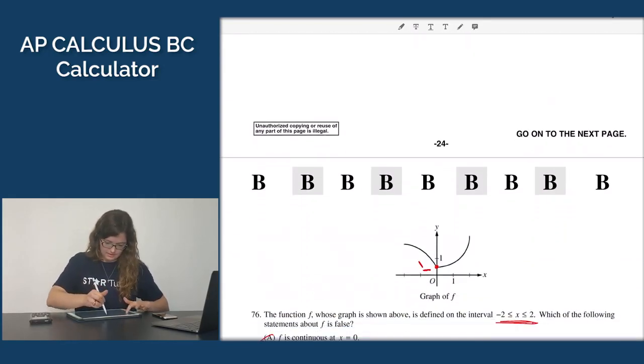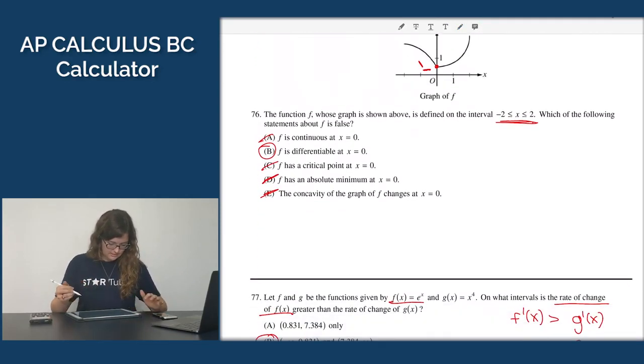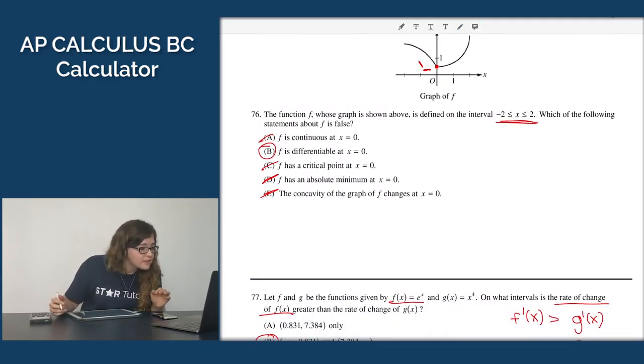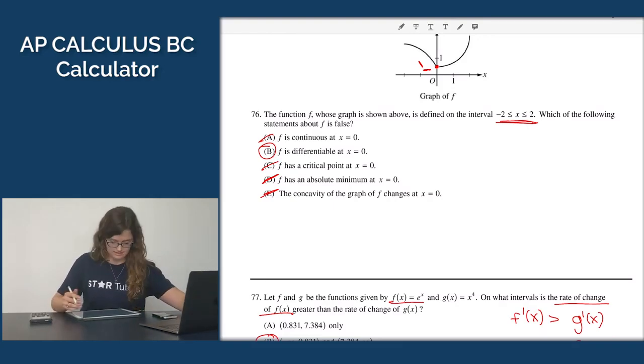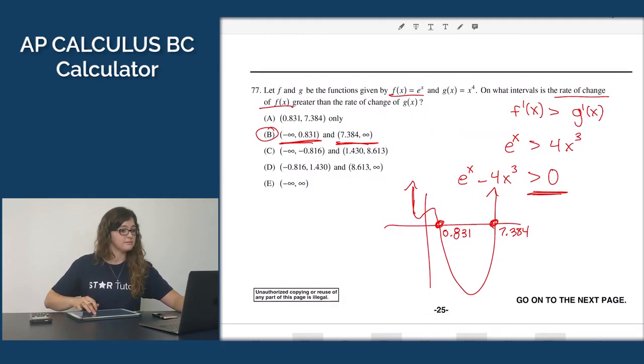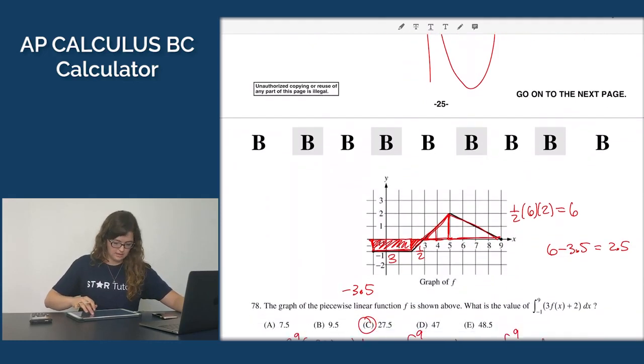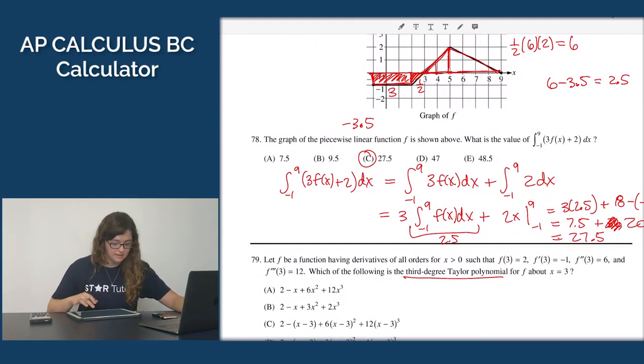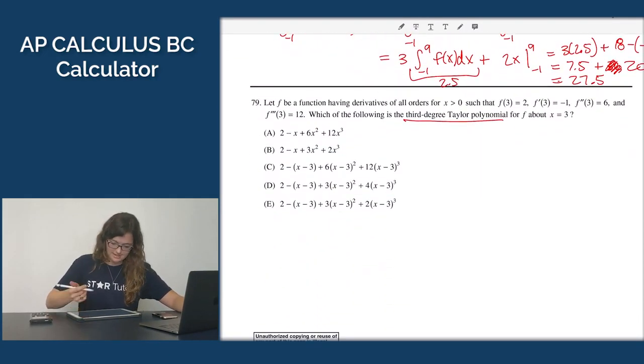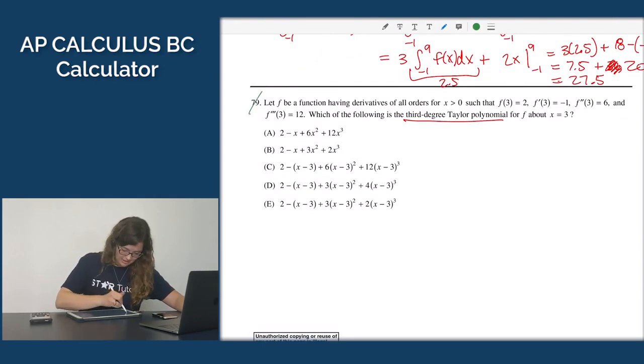Okay, 76. So again, I'll do this in green. 76, I got B. The answer is B. Great. 77, B. Good. 78, C. Great. 79, I was silly and I forgot to guess.